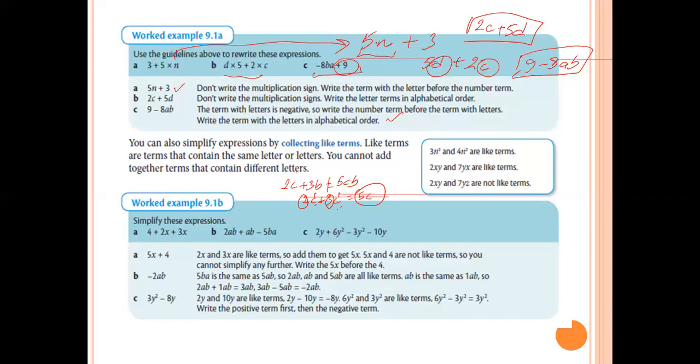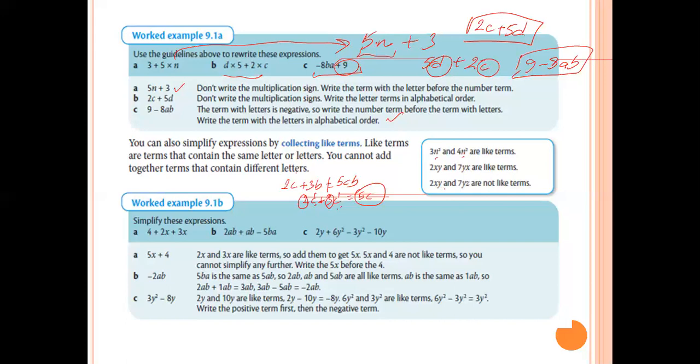Let's look at some examples. Here we also have little rules. 3n squared and 4n squared are like terms because their letters are the same. And 2xy and 2yx are like terms, also because their letters are the same. Maybe their order is not the same, but it's no problem, we can rearrange it in alphabetical order, xy.